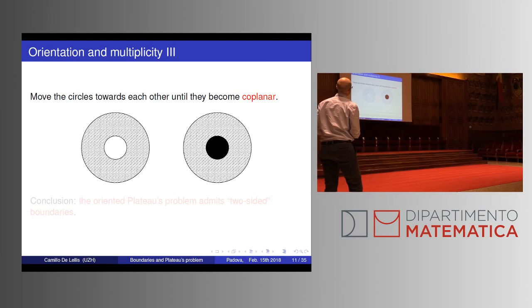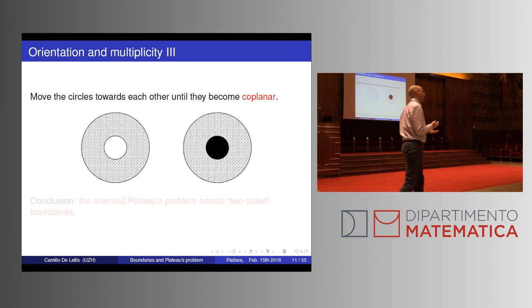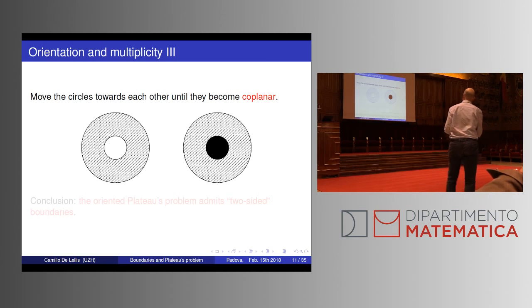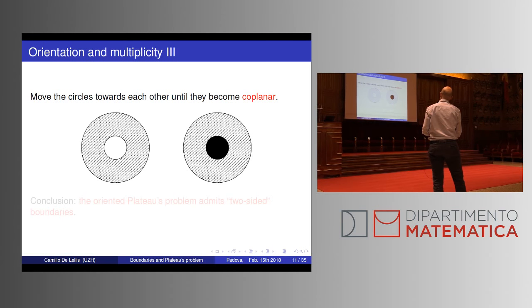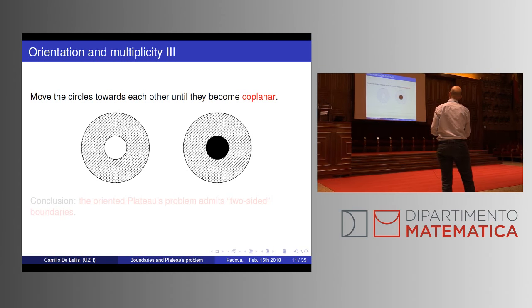The boundary, your wire, is this circle and this circle, and here also the boundary is this circle and this circle. In one case, we will say that the boundary points are one-sided, right? On this boundary, the surface is always lying on this side. On this boundary, the surface is always lying on the other side.